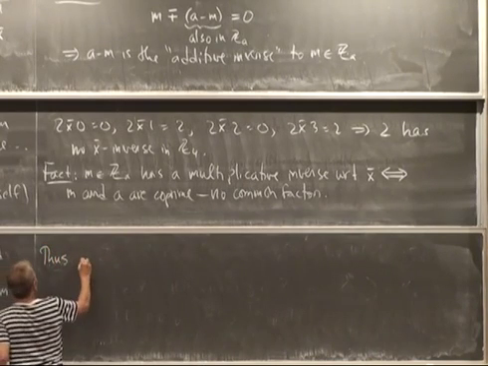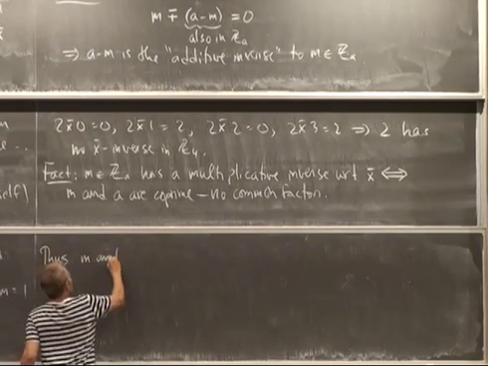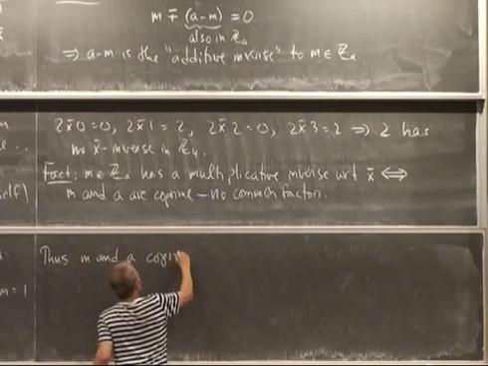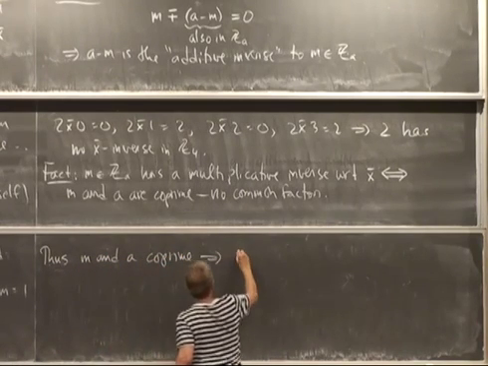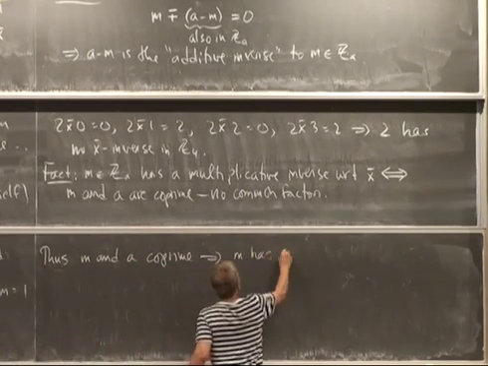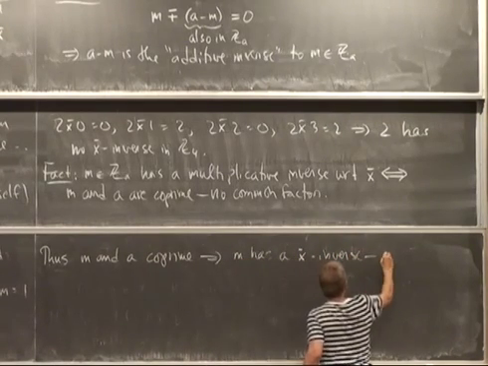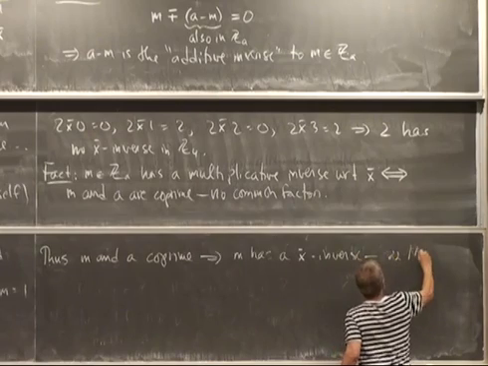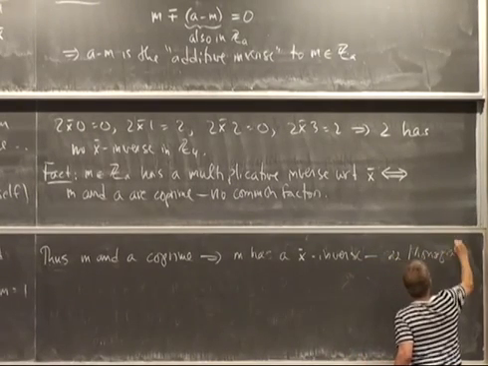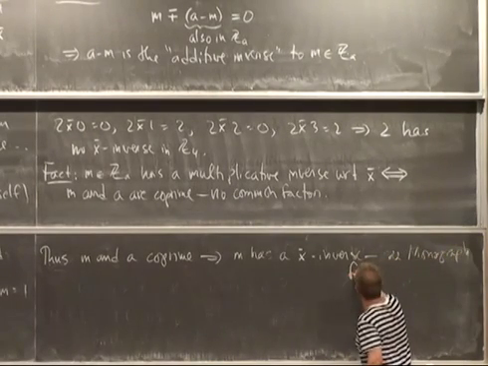So thus, M and A coprime implies that M has a times-bar inverse, and see the monograph for the converse.